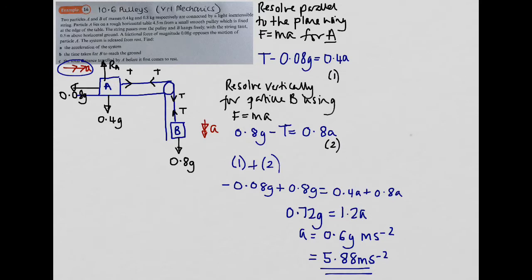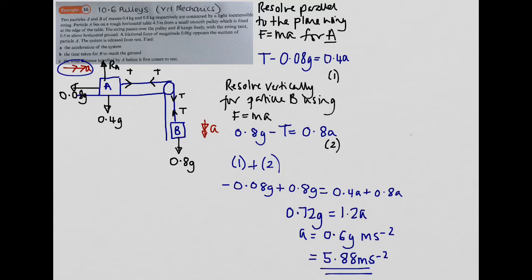So I've now calculated a, the acceleration of the system, and I'm now going on to part B, which is the time taken for B to reach the ground. And if we remember back to the question, it's really important at this stage. It's very easy to get stuck and forget things.